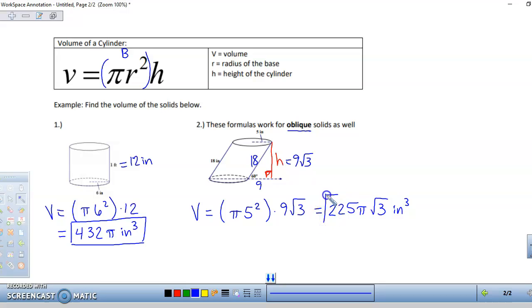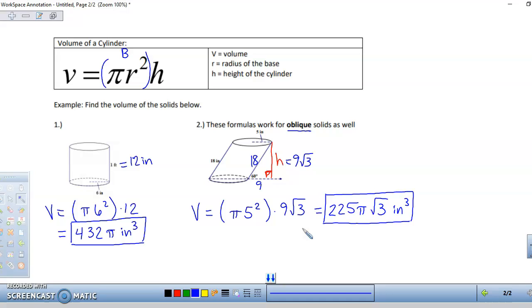Now there is a really nice explanation for why you do the perpendicular height even on the tilted or oblique solids. So you can look that up in your book. I actually can't remember exactly what page that's on. Let me just double check. In here, sorry, you're just going to listen to me flip through pages here for a second.